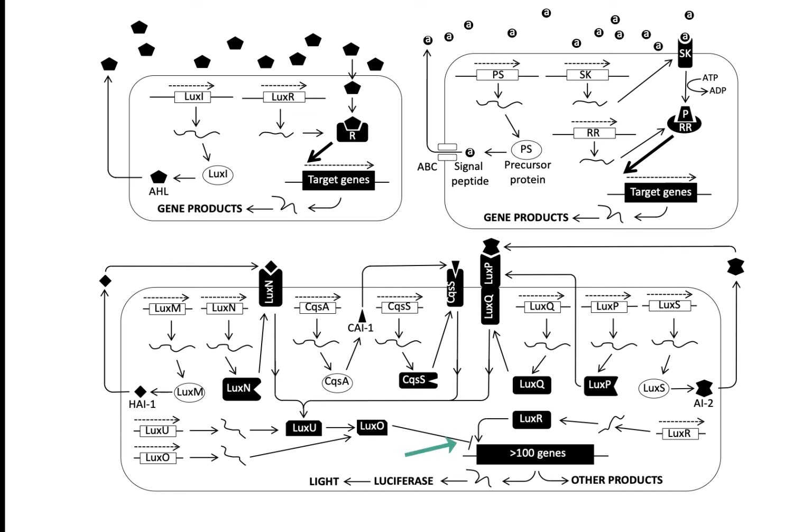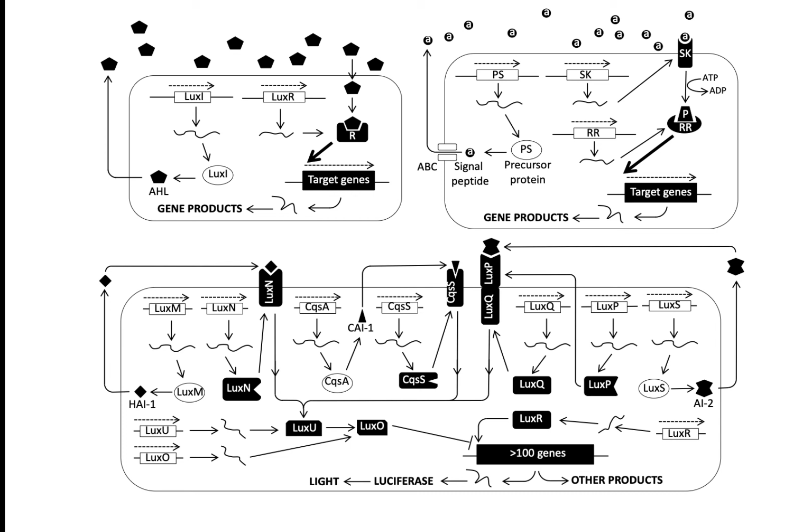And in this case, the target genes produce luciferase, which produces a flash of light. And so you can see the ocean waves and out in the ocean fluorescing blues and greens based on the amount of bacteria and the amount of those chemicals and hormones that they are releasing from those cells. So bacteria are capable of signaling one another.